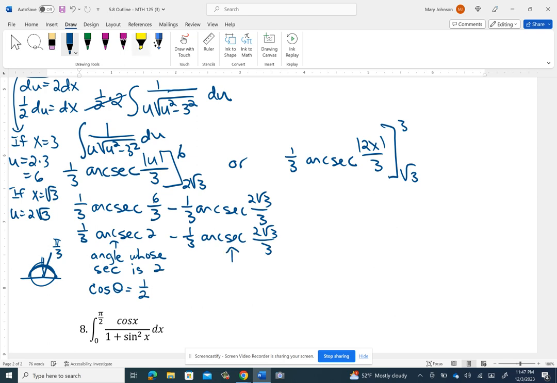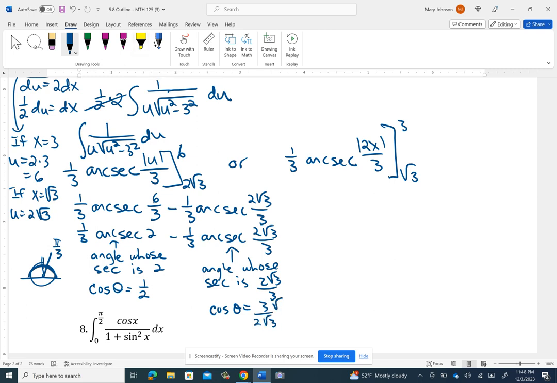This one is asking me for the angle whose secant is 2 square root of 3 over 3, which means the cosine of the angle would have to be the reciprocal of that.